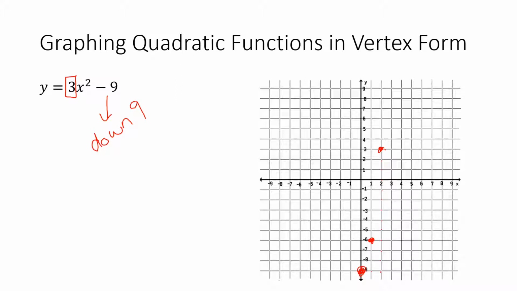Normally you would go over 1, up 1. If you triple that, it'll be over 1, up 3. Then normally you would go over 2, up 4. But if you triple that, it's going to be over 2, up 12. So we get a really skinny graph here because it is super duper stretched out.